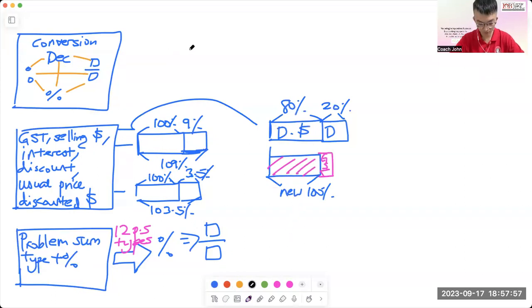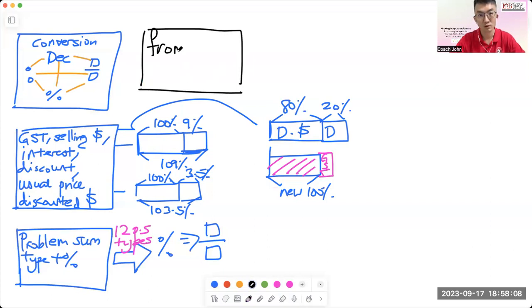What about the rest? In some questions, like bar graph and pie chart, you'll see event-based questions from when to when. Your from is always 100%. And if they have multiple repeats of from to, your from, if it's a different identity or event, is always the new 100%.